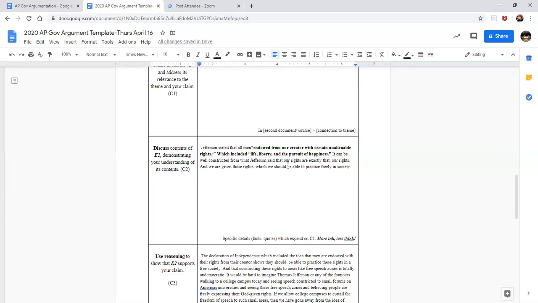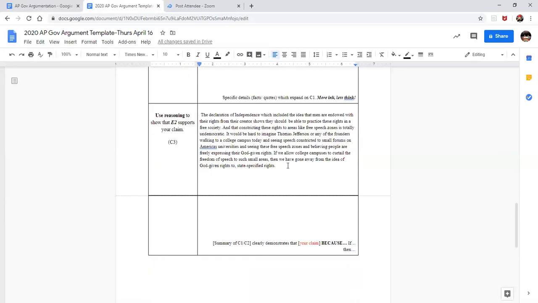Then my last point right here is about practicing these rights. It would be hard to imagine Thomas Jefferson or any of the founders today seeing speech constricted to zones and believing people are freely expressing. If we allow college campuses to curtail speech, then we have gone away from the idea of unalienable rights.